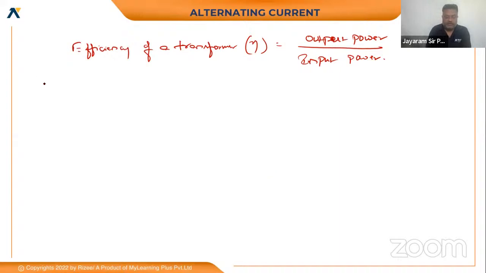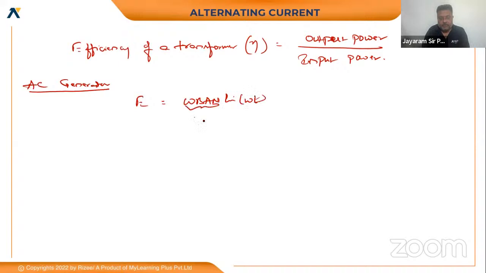Generally for an AC generator, which moves in a circular manner, the EMF can be written as E is equal to omega B A n into sine of omega t, and this represents your peak value, E naught, which is omega B A n.